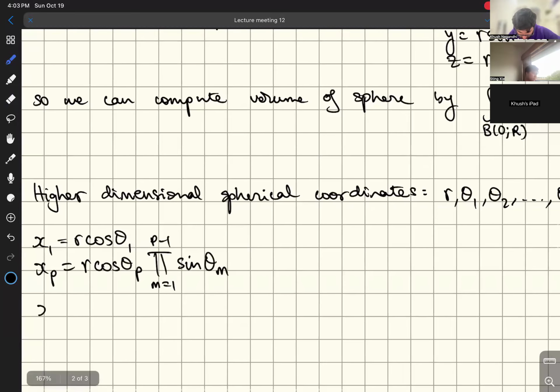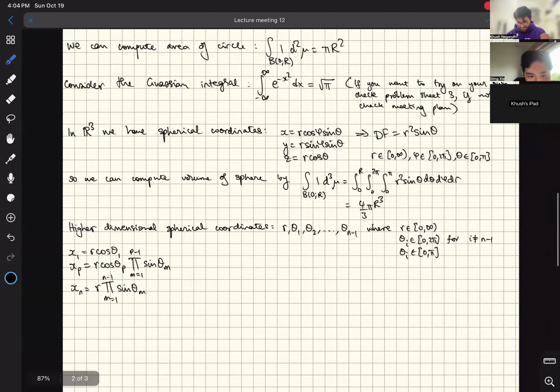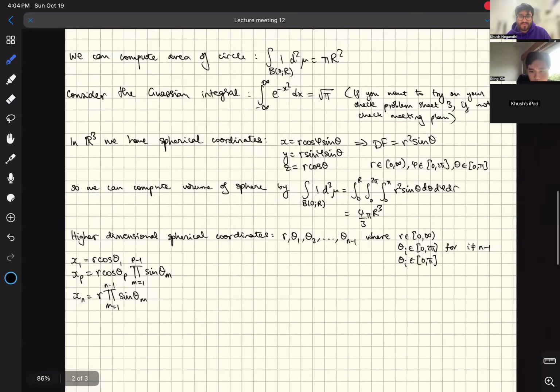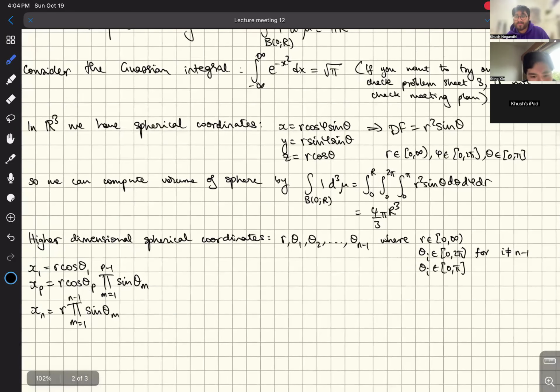And then the last coordinate is given by r times the product of the sines of all the angles. Okay, so it's sort of the same generalization where you just keep going. If you write it out, you'll see that it's exactly what we talked about.